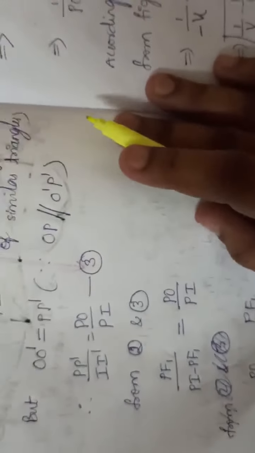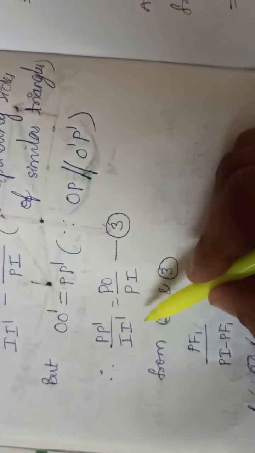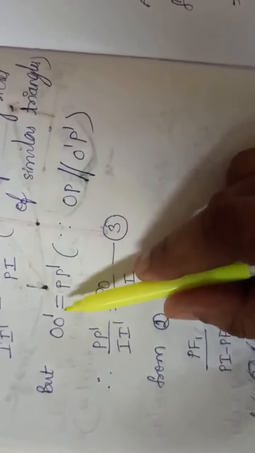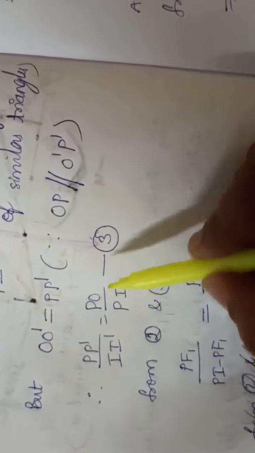But we know O dash P is equal to P dash, because these two are parallel lines, and in between two parallel lines the distance is always the same. So here we are getting P dash by I dash is equal to PO by PI. So put that one as equation number 3.